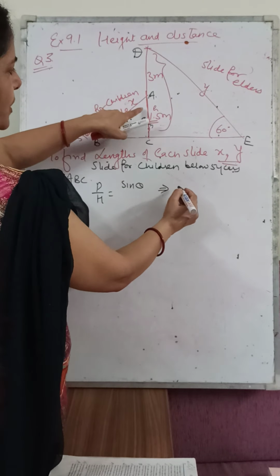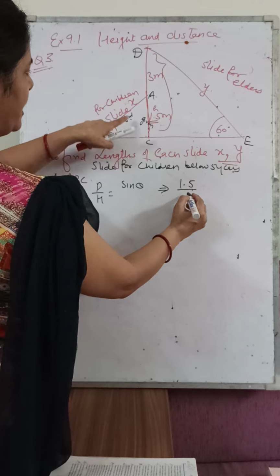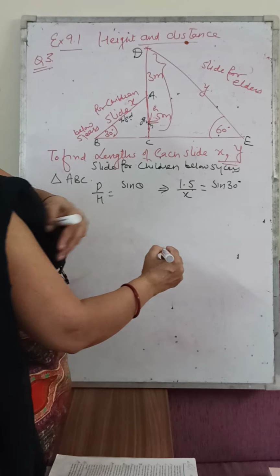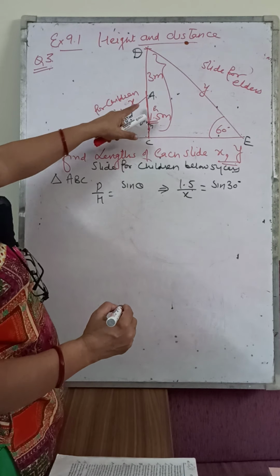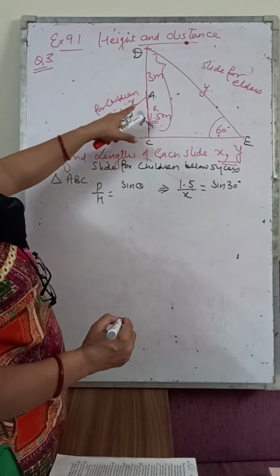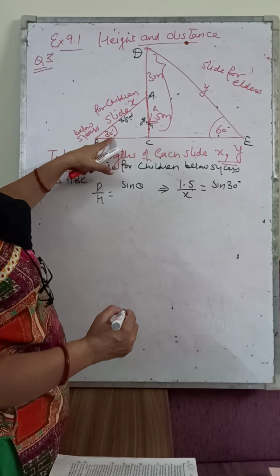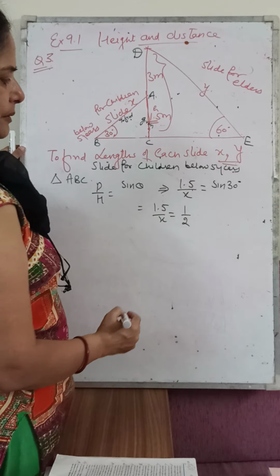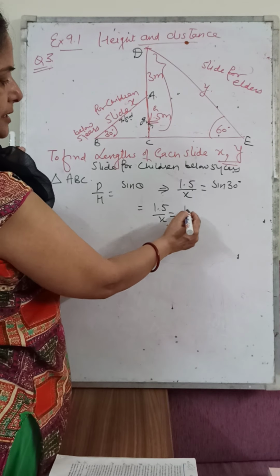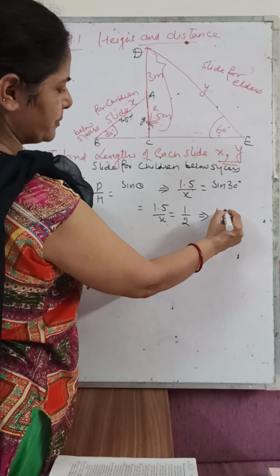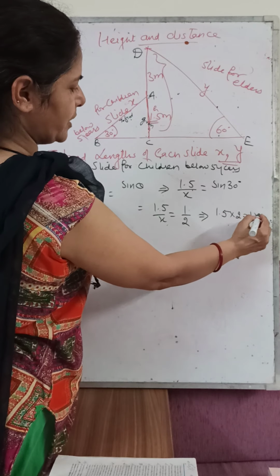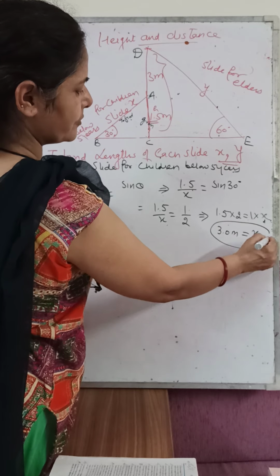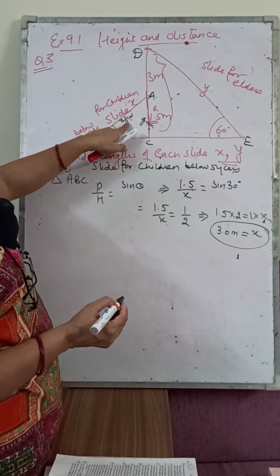Perpendicular is 1.5, hypotenuse is x, is equal to sin 30. It is 1.5 upon x. Sin 30 is 1 by 2. 2 will go up and x will go on this side. It will be 1.5 into 2 is equal to 1 into x. So x will be 3.0 meter. So length of this slide should be 3 meter.